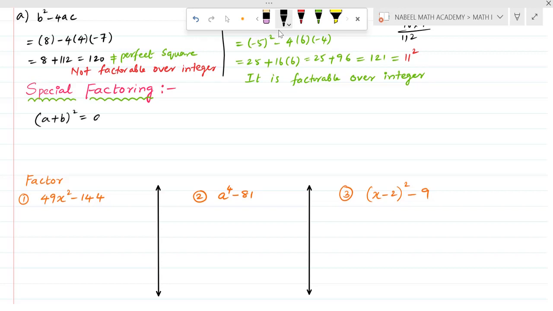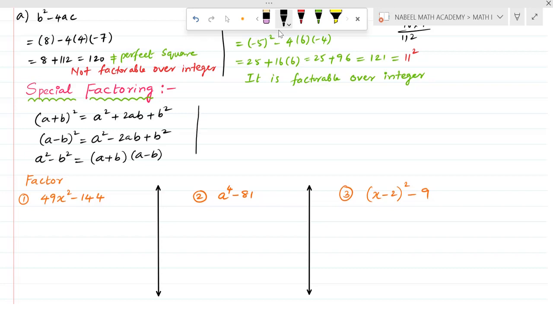What is the rule? a square plus 2ab plus b square. And here a minus b whole square, where the only change is the minus. And the next one is a square minus b square. So you will have one plus and one minus.